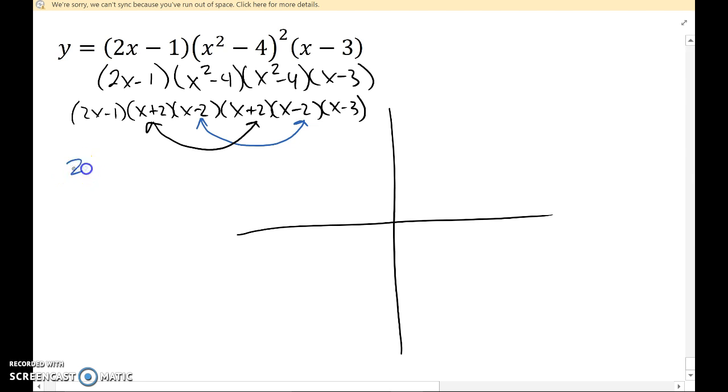So if we write out our zeros, we see we have zeros at 1/2. So 1/2, 0. So over here, if we have 1, there should be our 1/2. And then we have a 0 at -2, 0. We have a 0 at 2.